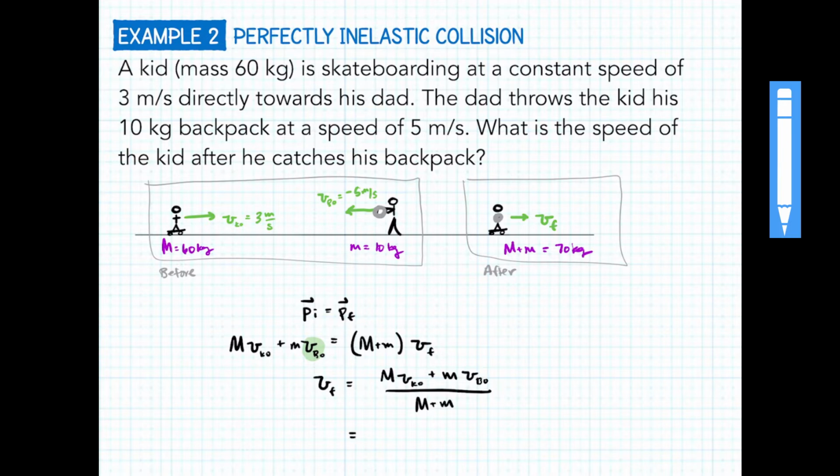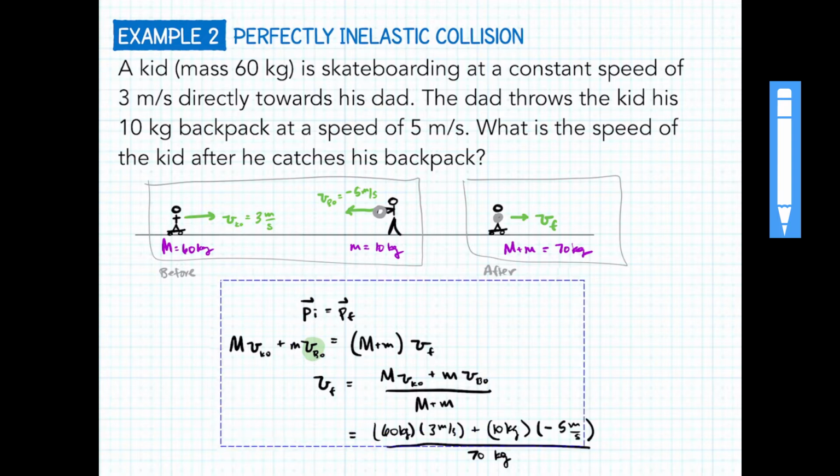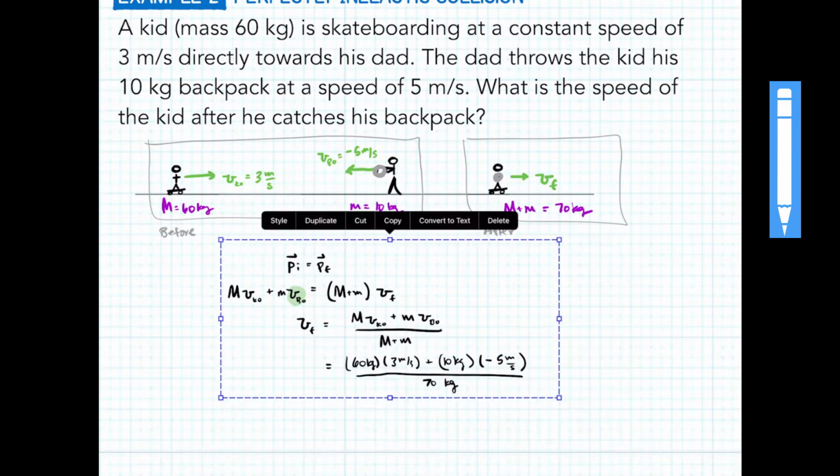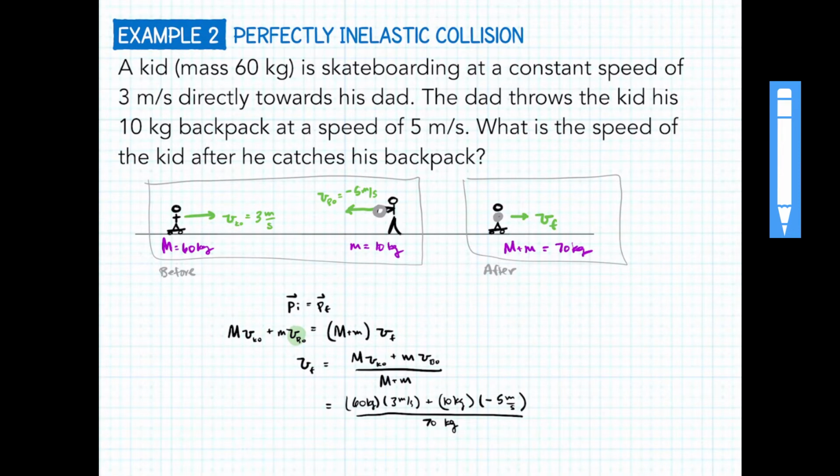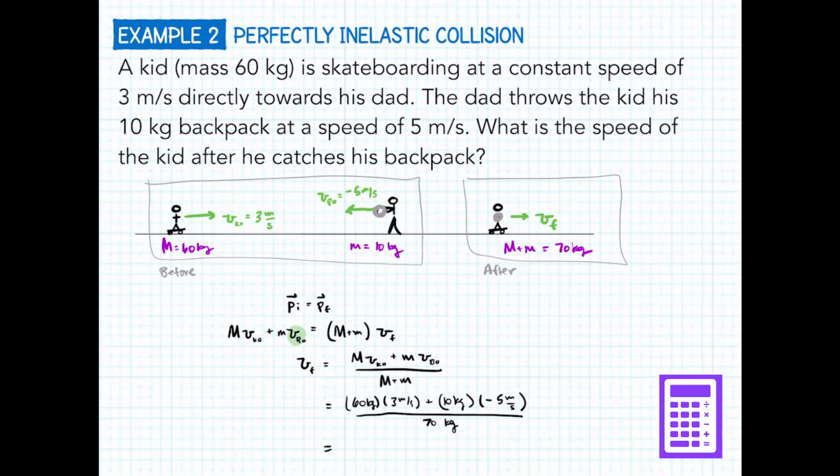So when we plug these in, we end up with 60 kilograms times 3 meters per second plus 10 kilograms times -5 meters per second, divided by 60 plus 10, which is 70 kilograms. We're running out of space, so I'll make this a little smaller. And when we put all that together, that's going to give us a final speed.